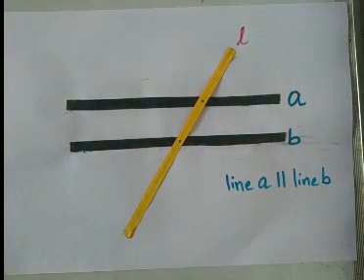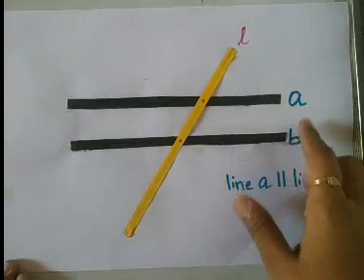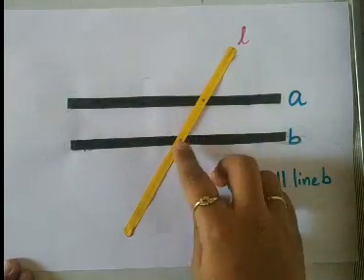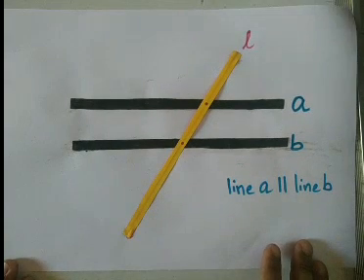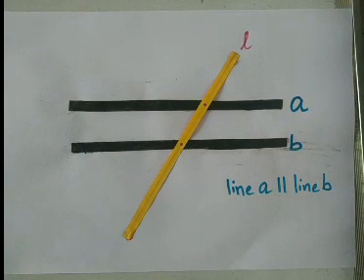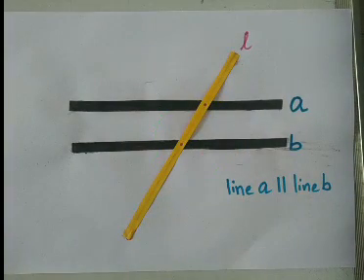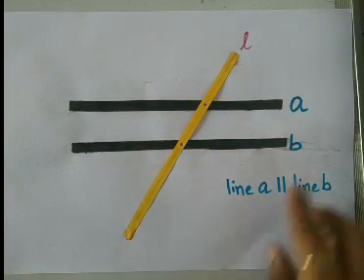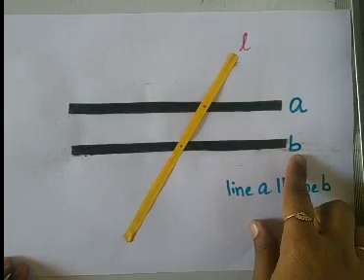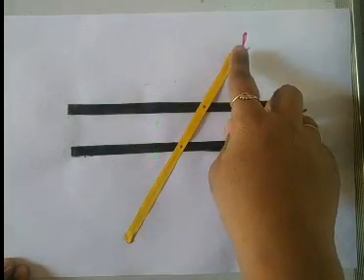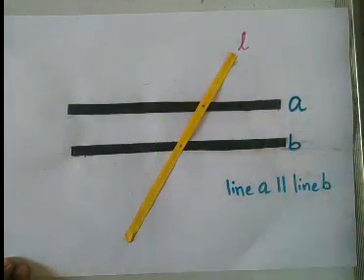Such a line which intersects the parallel lines at distinct points is called a transversal. So here line A and line B are parallel and line L is a transversal of lines A and B.